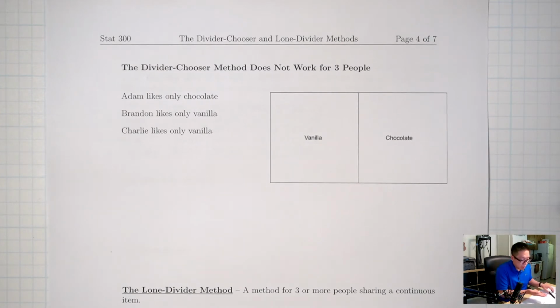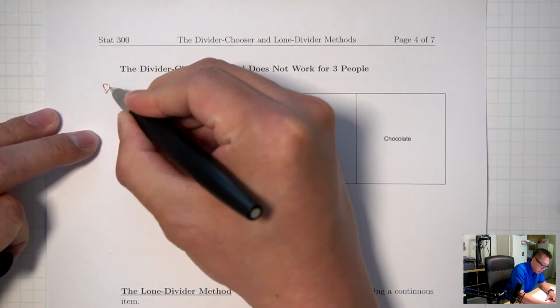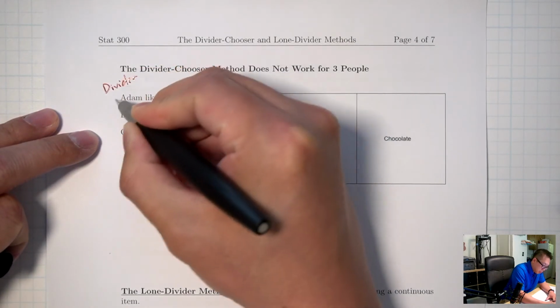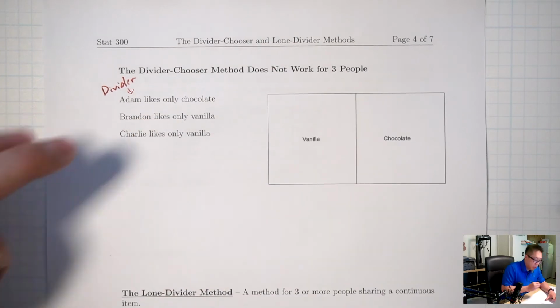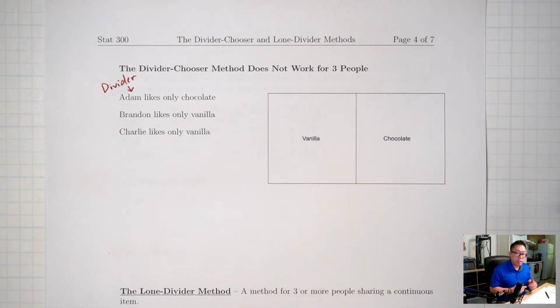So let's say that Adam is the divider. Which means Brandon and Charlie would be the choosers in this case. So just like before, Adam is going to want to cut up the piece that he wants as evenly as possible. He wants the chocolate. He's going to try to cut up the chocolate as evenly as possible.